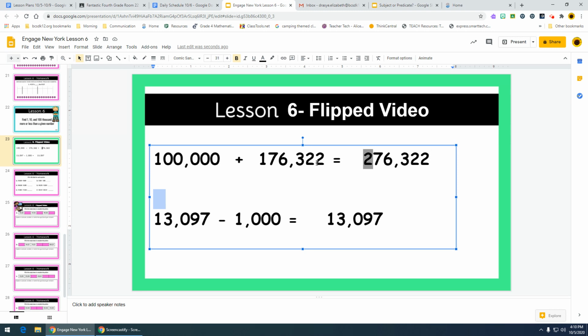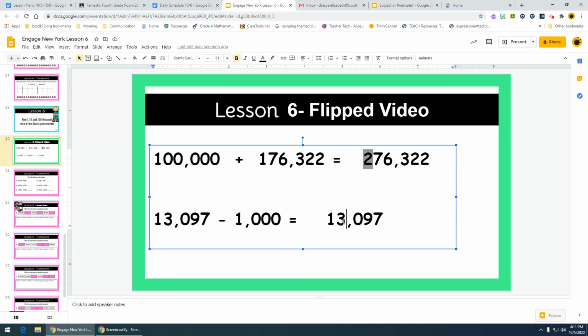So let's go over how I solved that. I had my original problem. Here's what I started with. And I wanted to go to the 100,000s place, which I highlighted here in my answer, and add 1 to it. I changed the 1 to a 2. Let's try it with subtraction. I started with 13,097, but I want to take away 1,000.